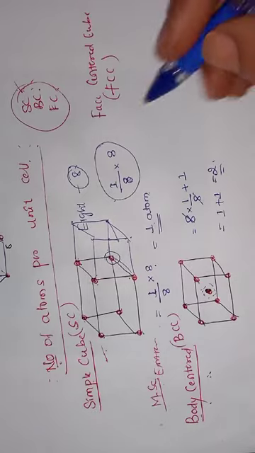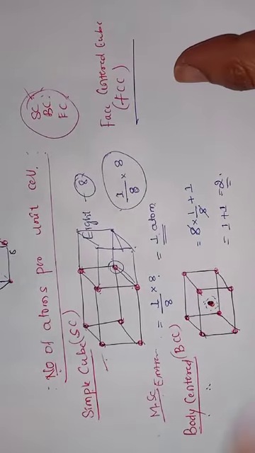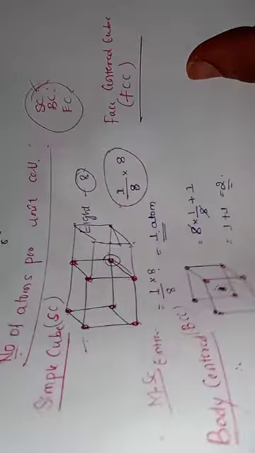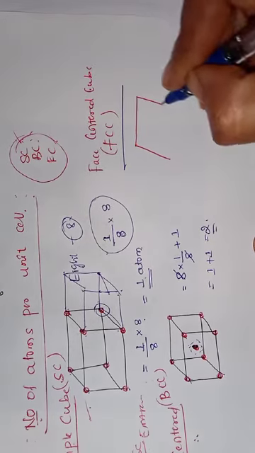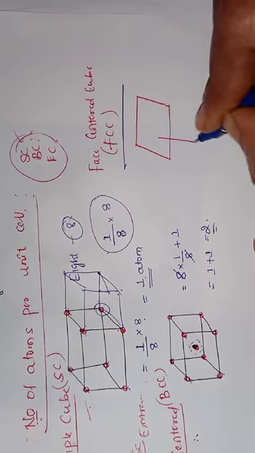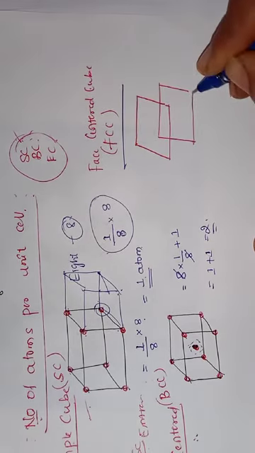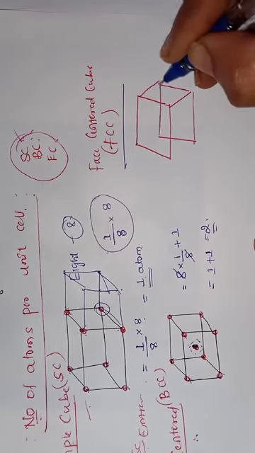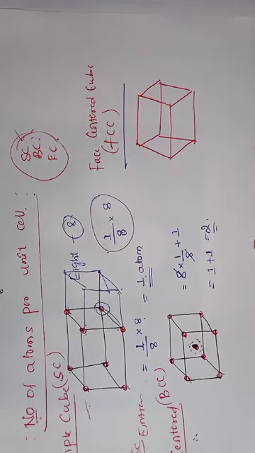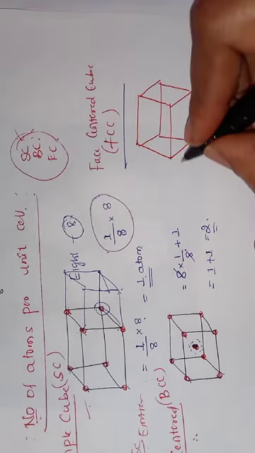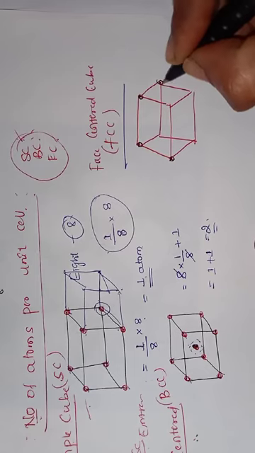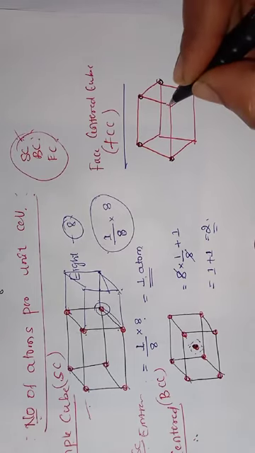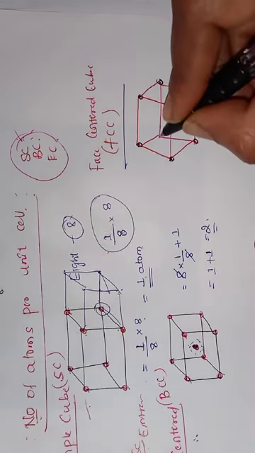What are the characteristics of this face centered cube? Let's draw a diagram, we will get into this easily. Atoms at the corner, how many atoms are there? There are 8 atoms at the corner, that is a basic one.